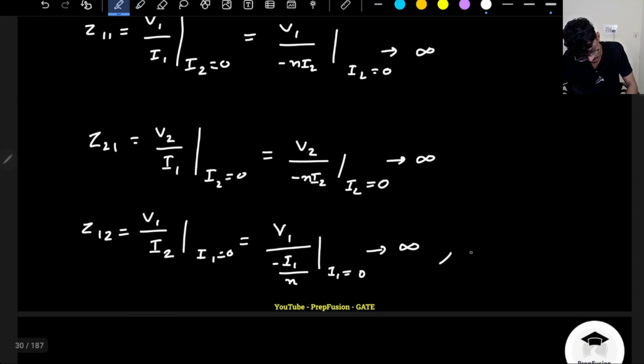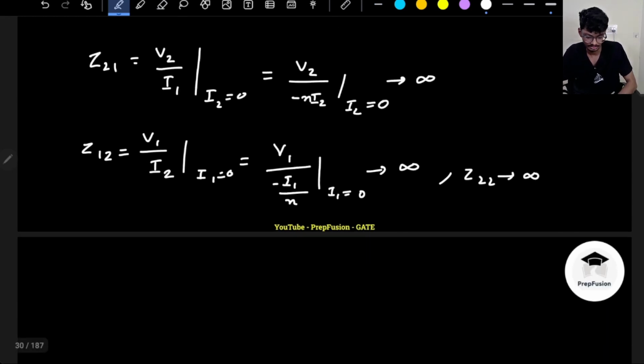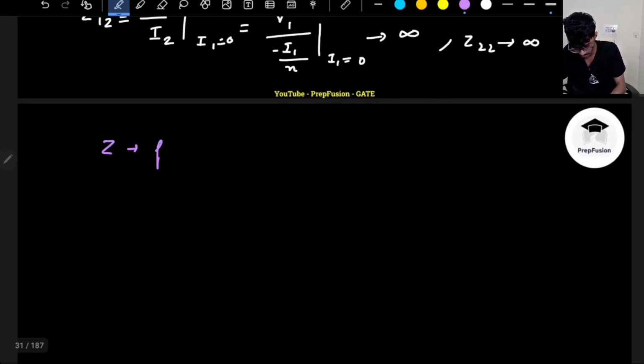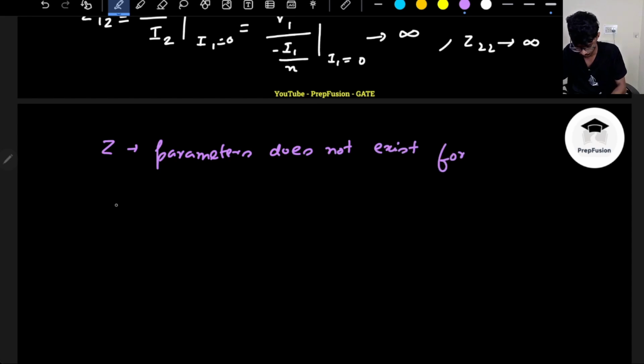Similarly, your Z22 will also tend to infinity. So of course what is happening in this case is that the Z parameters do not exist for a simple transformer.